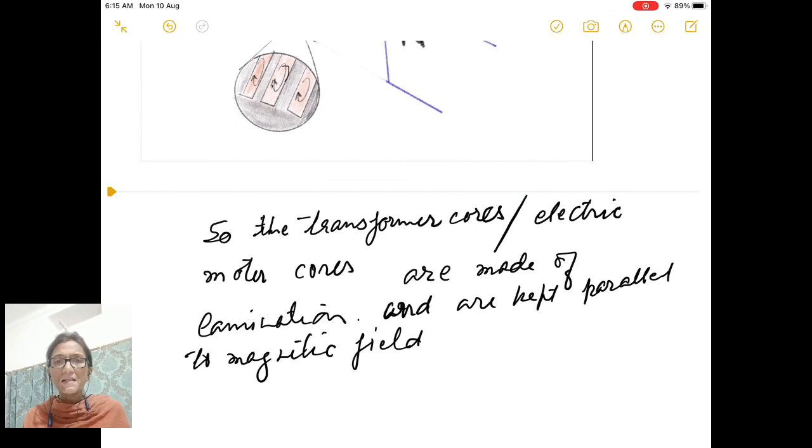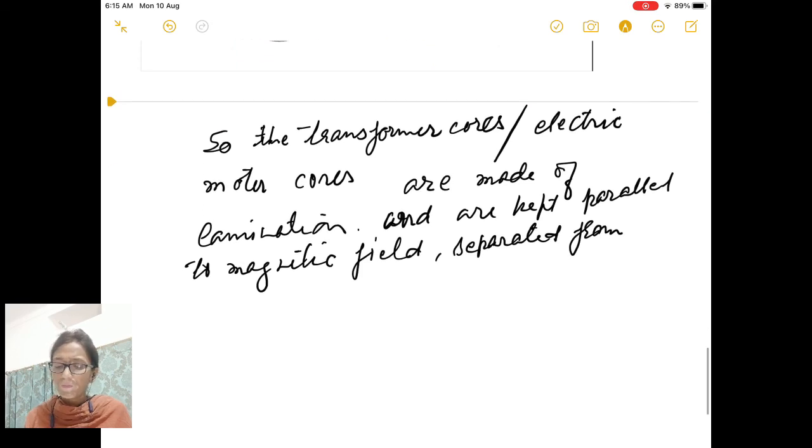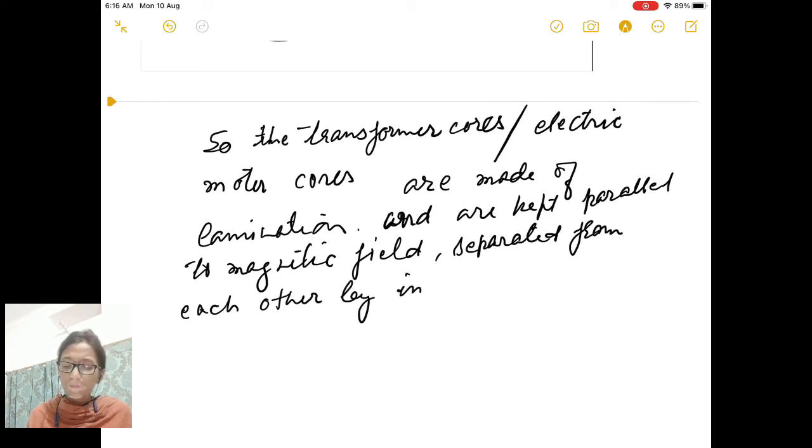And they are separated from each other by insulating materials. One such material is lacquer.